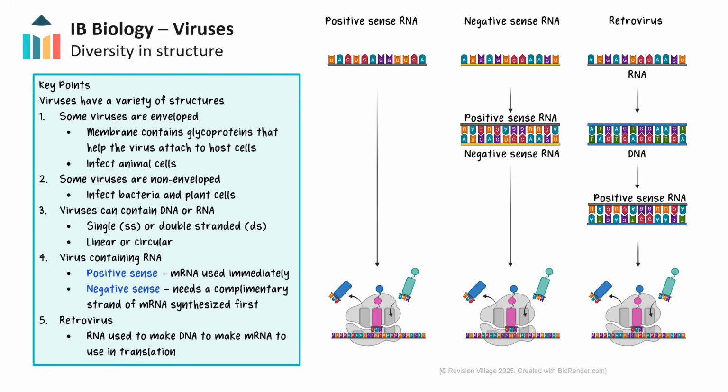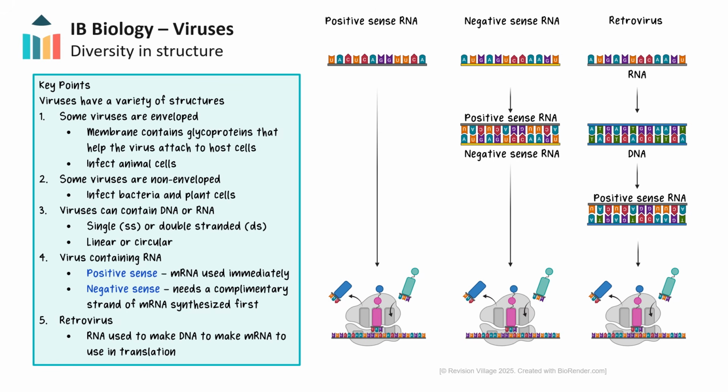Viruses that have a single strand of RNA as their genetic material might have positive sense RNA. That is, it can be immediately used in translation as messenger RNA by the host cell's ribosomes to start assembling viral proteins.